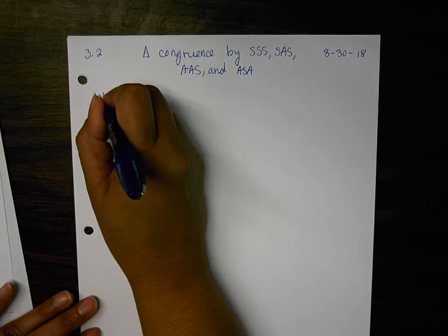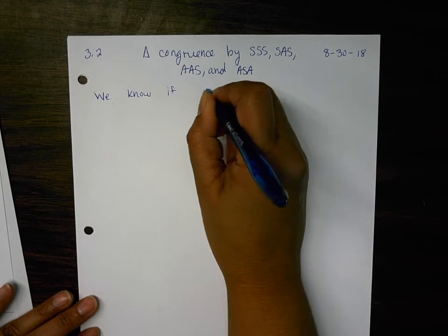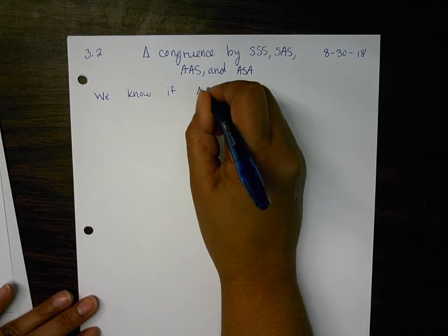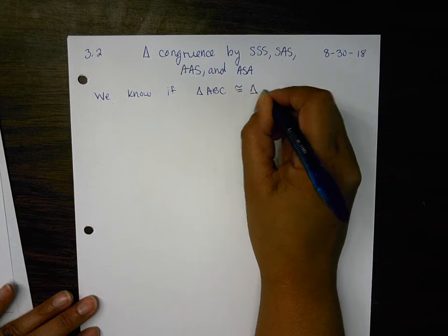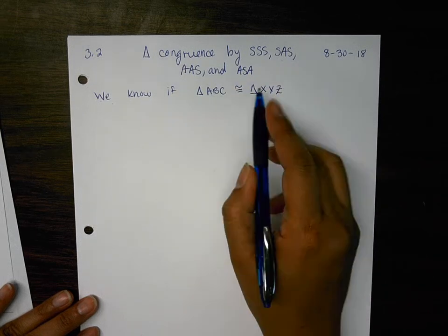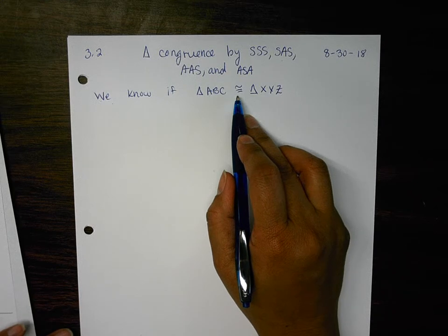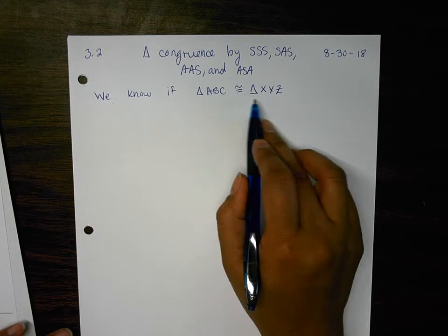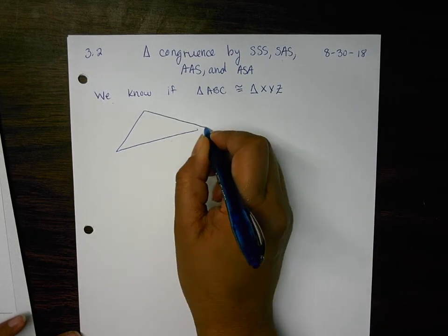Okay, we know from prior classes that if you have two triangles, triangle ABC, and it is congruent to triangle XYZ. You guys have seen this symbol before, yes? The congruent symbol? Okay, you know that if two triangles are congruent, let's draw our pictures first.